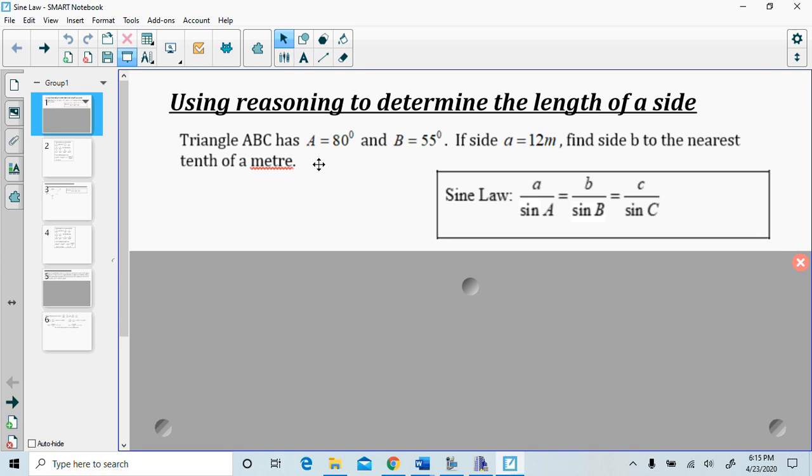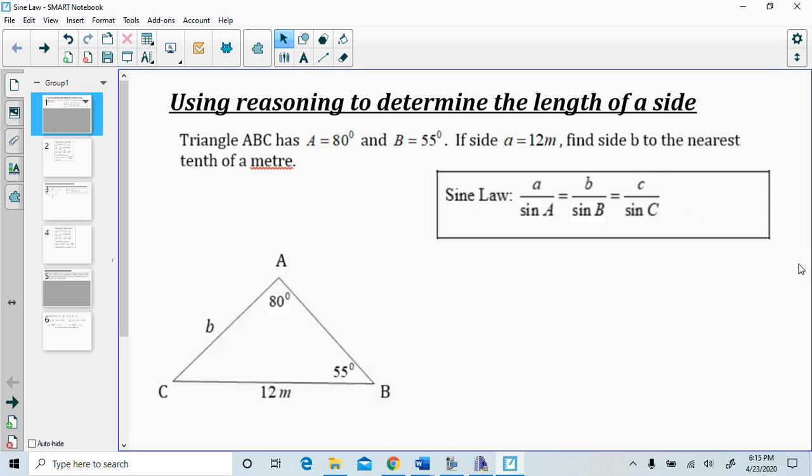So the first thing we're going to want to do when we're trying to find out side length B, because that's what the question was asking for, is get a nice picture in front of us. So let's draw a picture. Once you've done that, we'll just take a look at what we have. So right now, what we're dealing with is the given angle of 80 degrees.